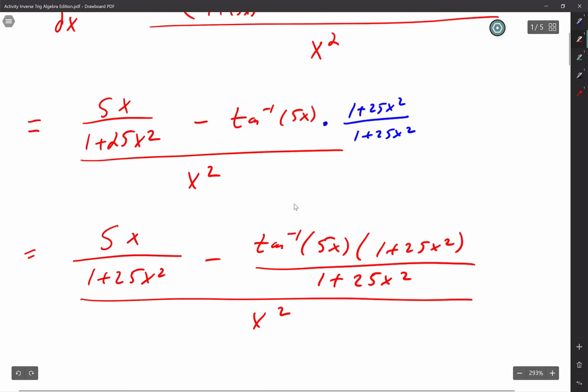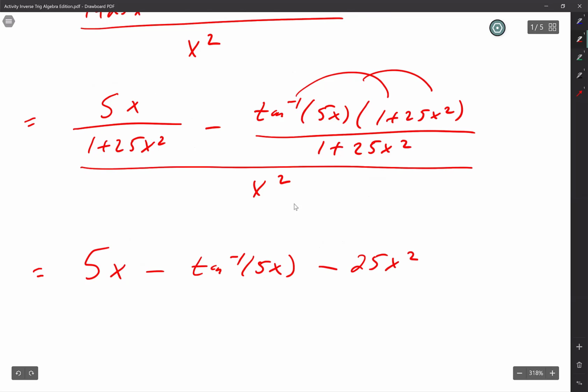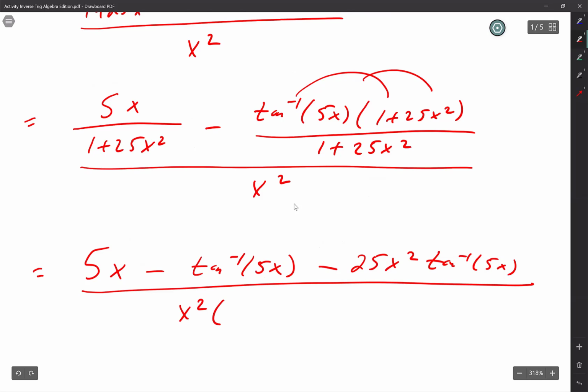So I can just do keep, change, flip, or bring the x squared up. So here we go. So now I'm going to write 5x, and then I'm going to distribute this like so. So don't forget the negative there, minus arctan of 5x minus 25x squared arctan of 5x all over x squared, parenthesis, 1 plus 25x squared. Don't distribute that, leave it alone.